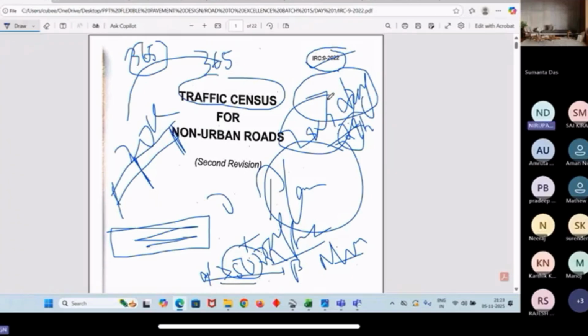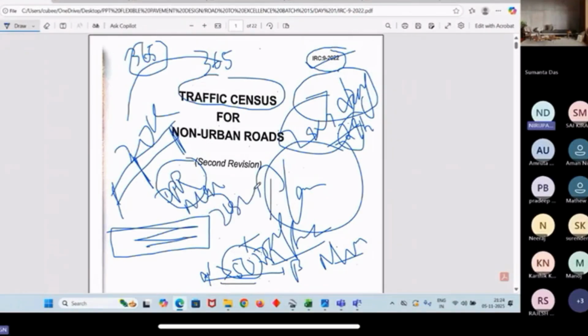Sir, one more question you may ask: how many times do I have to do the traffic survey? Suppose I got the tender, I got this road for design purposes. Suppose you are working in the DPR field, preparing a DPR, or working on road design in a planning stage. In that case, minimum 2 times you have to conduct a traffic survey.